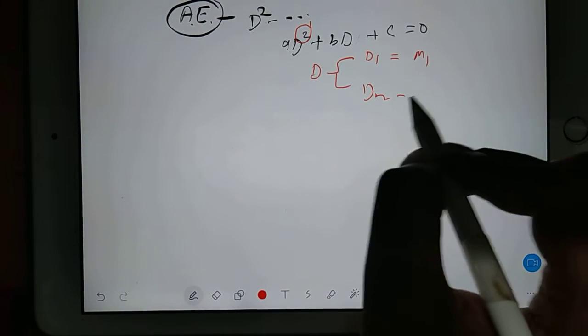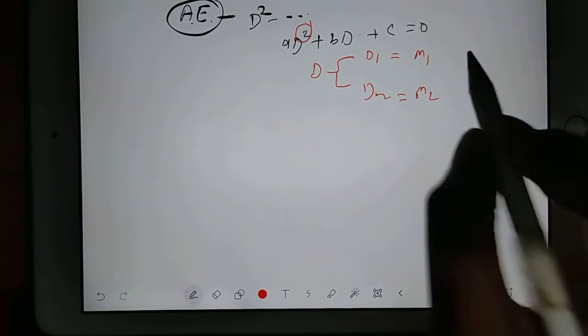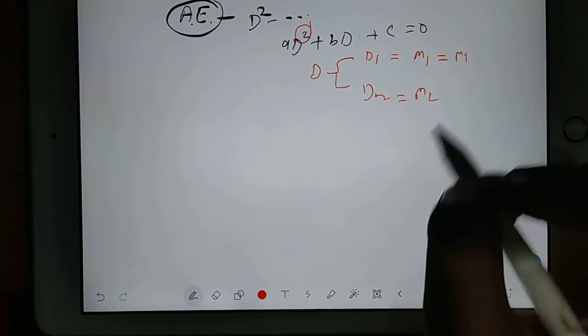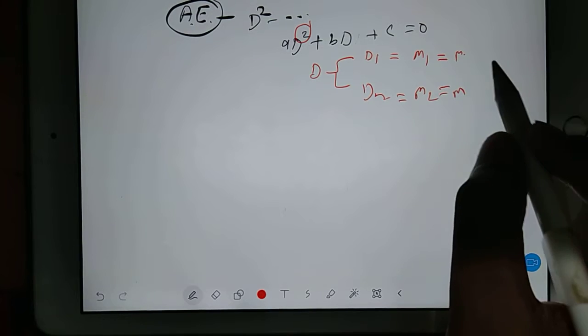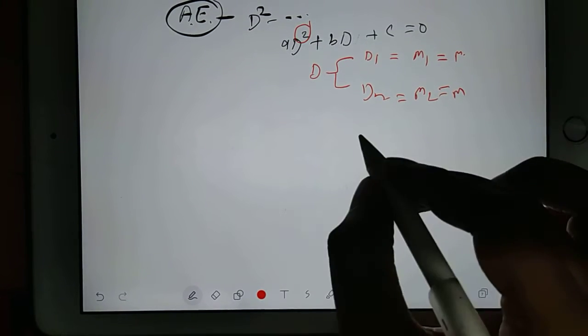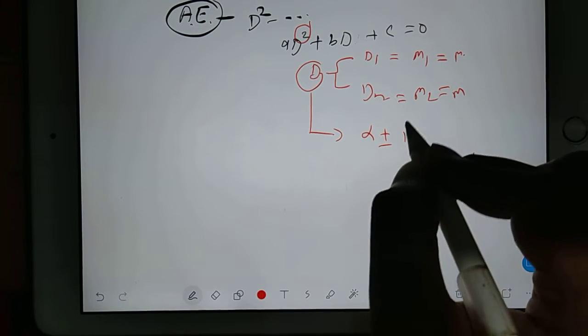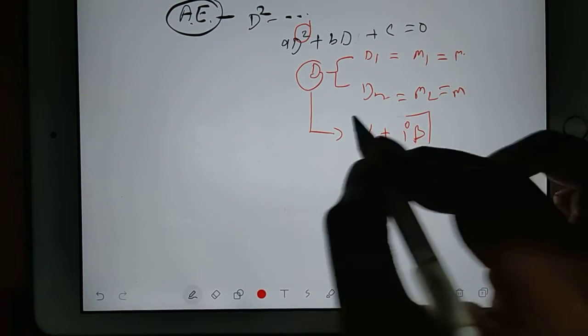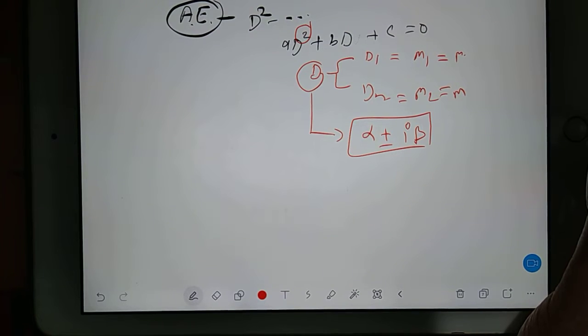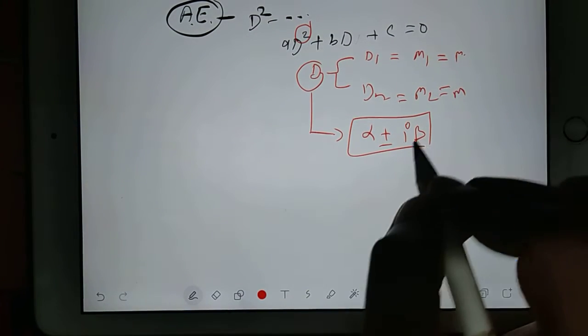Maybe they both are m1 and m2, I mean they both are real, or maybe they both are equal, like m is equal to m. Or there is one more category, that this d will look like alpha plus minus i beta. It means 2 roots are there and they are conjugate. Get my point? They are paired.